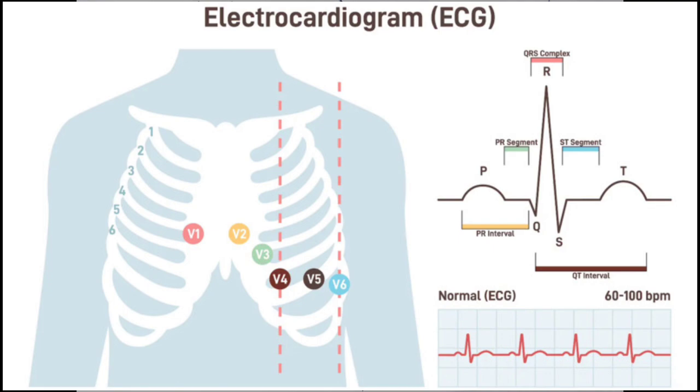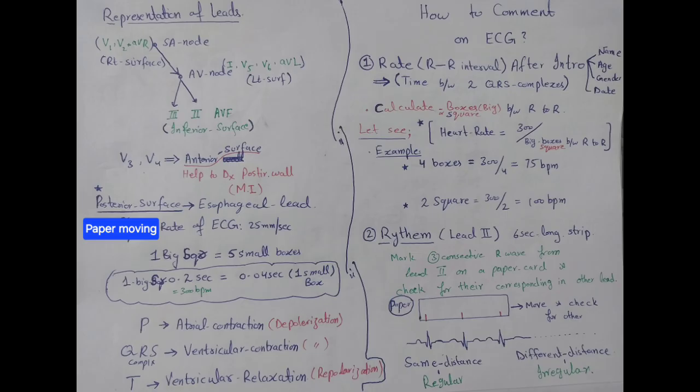How to comment on ECG? You see an ECG, first you have to tell about the rate. How to calculate the rate? Just see the R waves, the peak of the R waves, from one R to the second R, or you can say the R to R interval.